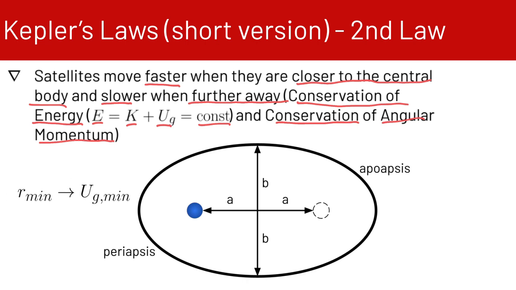So out here at periapsis, the radius from the satellite to the central body is a minimum, and the gravitational potential is a minimum.